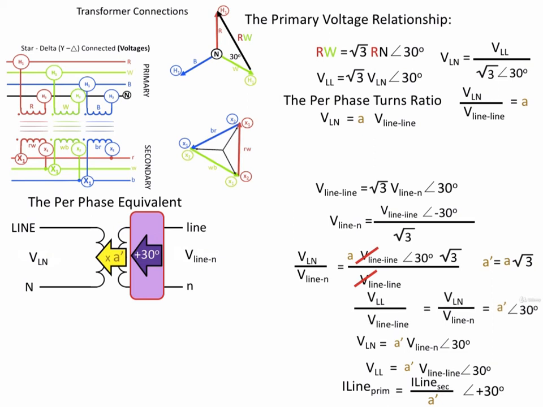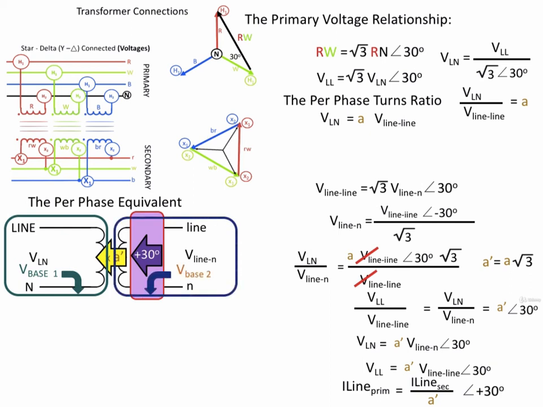We can now move on to the building of our per unit equivalent circuit. And in doing so, we have to be aware of the two voltage levels that are available on the transformer. And we establish the voltage bases, V base 1 and V base 2, for our voltage zones.